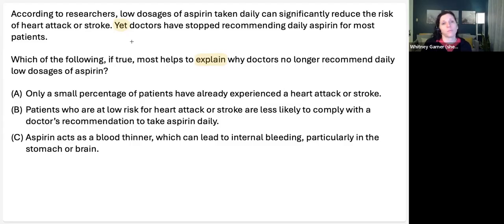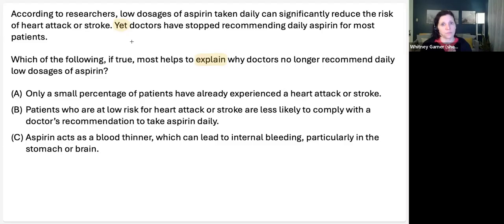So we wouldn't have something that shows up and says, a recent study shows that low doses of aspirin are actually not helpful in reducing the risk of heart attack or stroke. They're not going to just all of a sudden negate something that way. So aspirin is good in some cases or for some things, but surprisingly, doctors have stopped actually recommending it for most people.